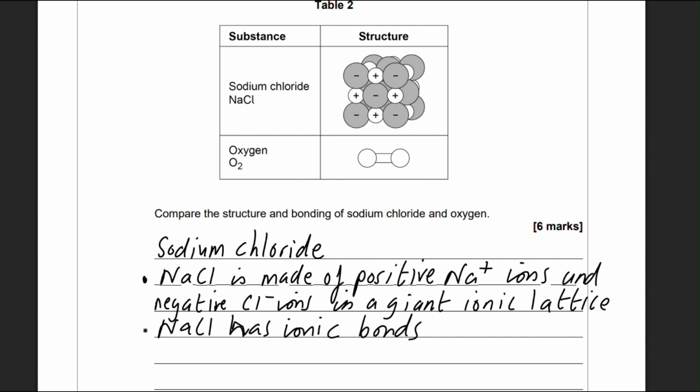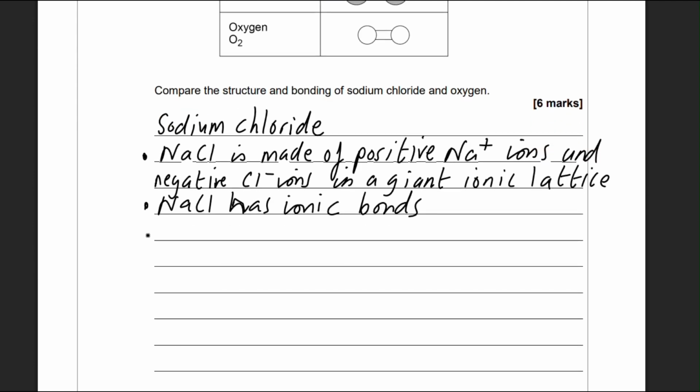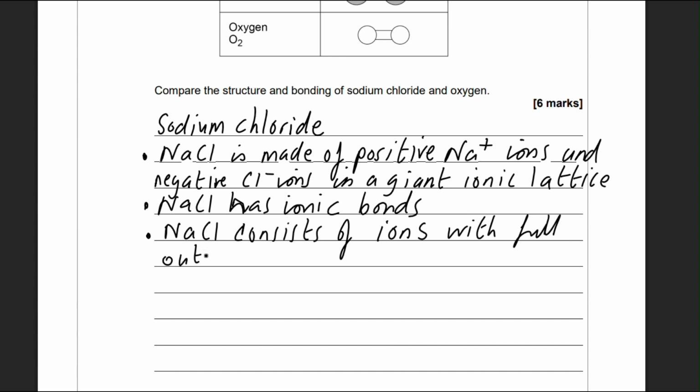So that's my first bullet point. That's my second bullet point. What else can I say about it? I can also say that NaCl consists of ions with full outer shells.